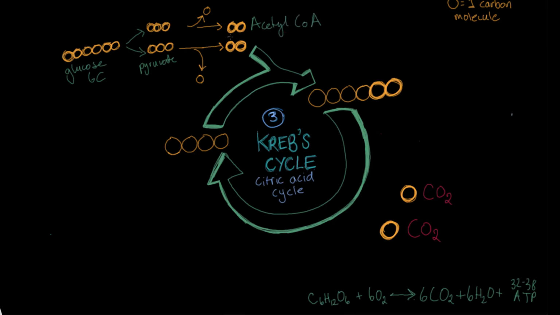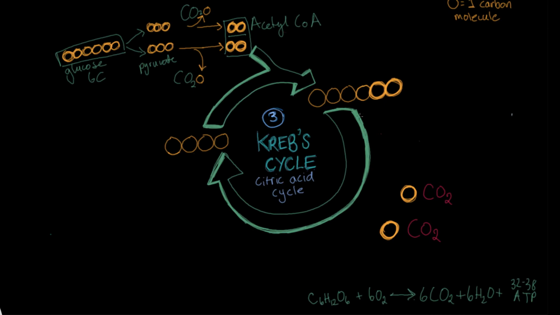Now notice that those are 2 carbon molecules, so 1 atom of carbon per pyruvate was released into a molecule of carbon dioxide. So we've got 2 carbon dioxides that have been released here. So of our original 6 carbon atoms, we now have 4 left. 2 have been released as carbon dioxide.